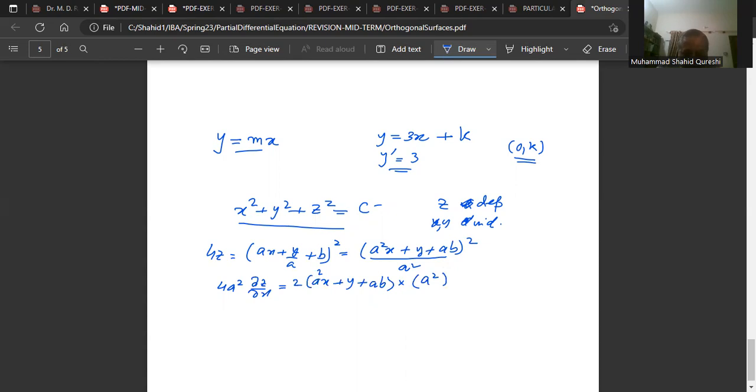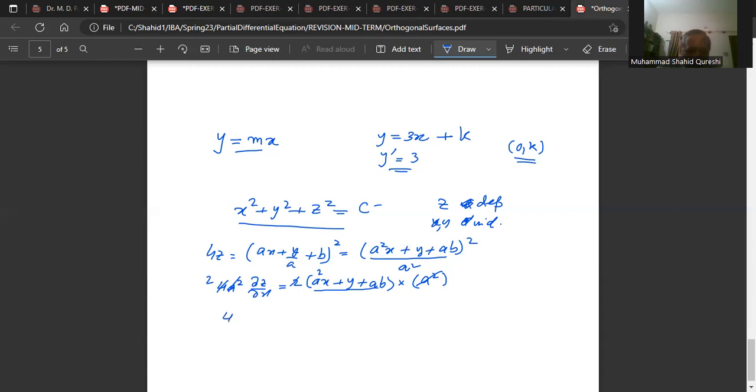So we see that there are some simplifications involved. There is only one term that has x, so in the derivatives this cancels out with this, and what is left here is simplified: a square x plus y plus ab.